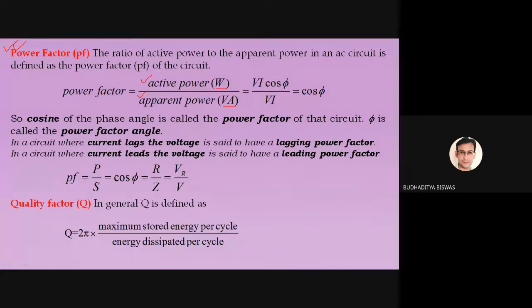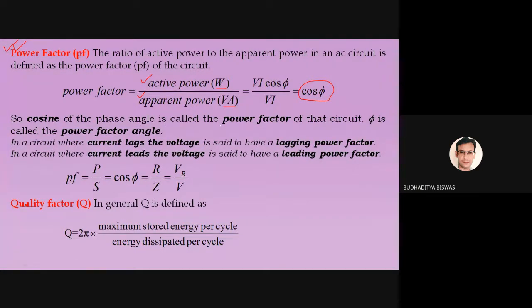The formula is VI cos phi over VI. These are all RMS values of the voltage and current. So ultimately what is left is cos phi. This cos phi is called the power factor, and phi is called the phase angle, or rather the power factor angle. So cos phi means the power factor and phi means the power factor angle.